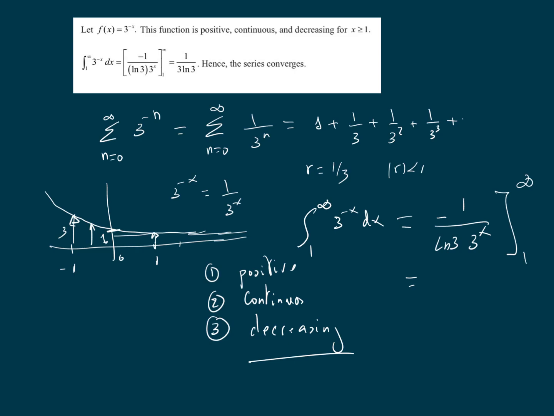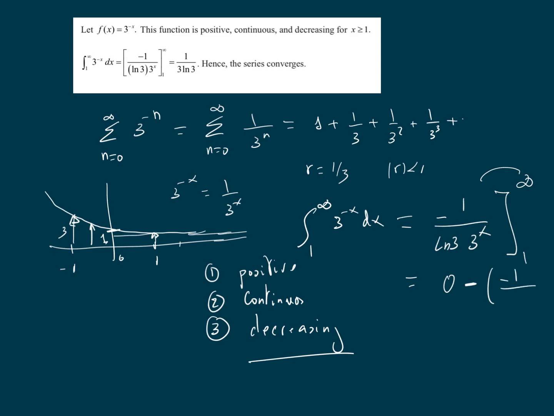When it is infinity, it will go to 0, because 3 to the infinity goes to infinity, and 1 divided by infinity goes to 0. And when it's 1, it would be minus the evaluation at 1.